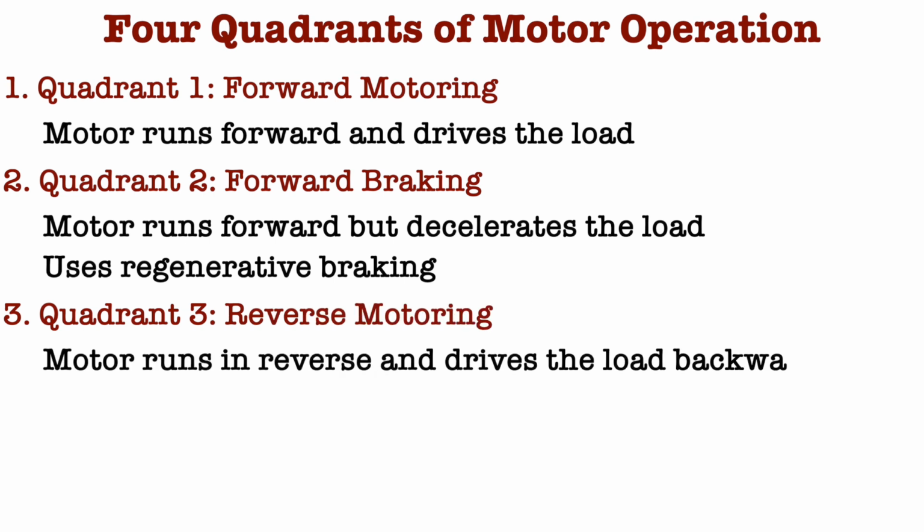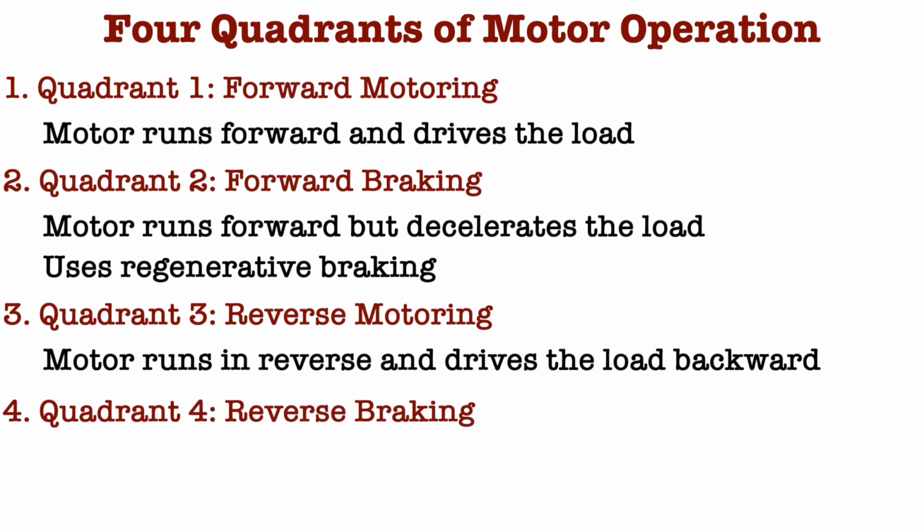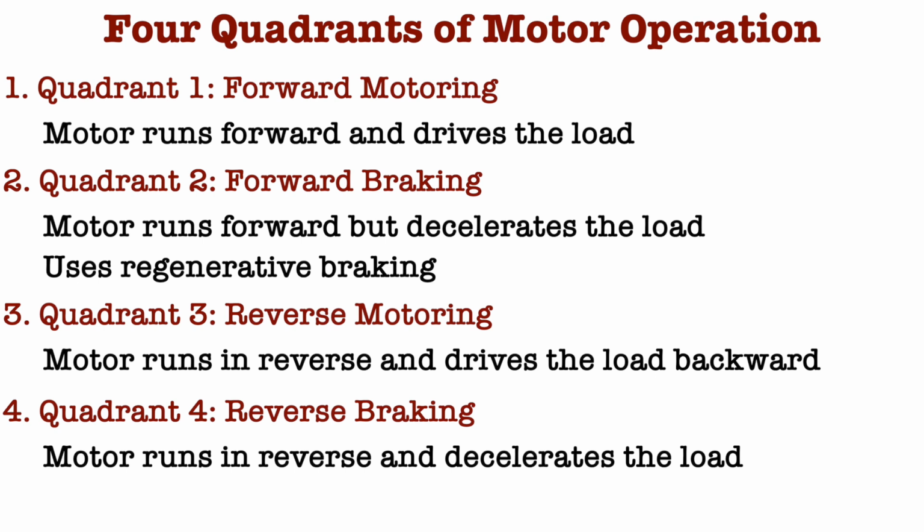The motor in the third quadrant runs in the reverse direction, driving the load backward. Quadrant 4 is reverse braking, and in this quadrant the motor runs in the reverse direction and decelerates the load. So, these are the four quadrants and how the motor operates in each one of them.